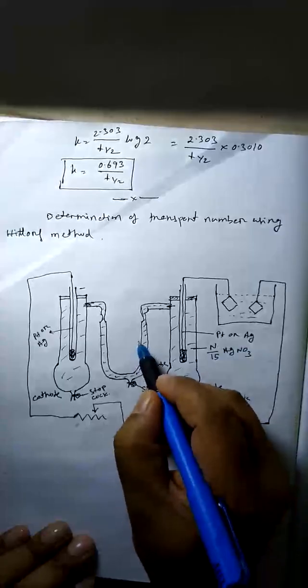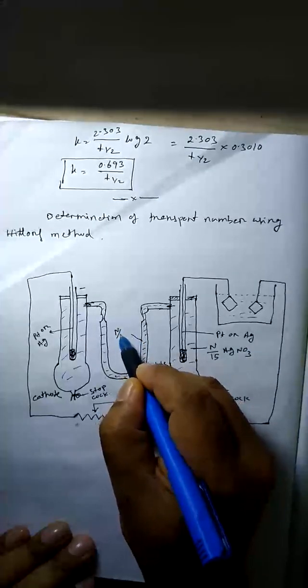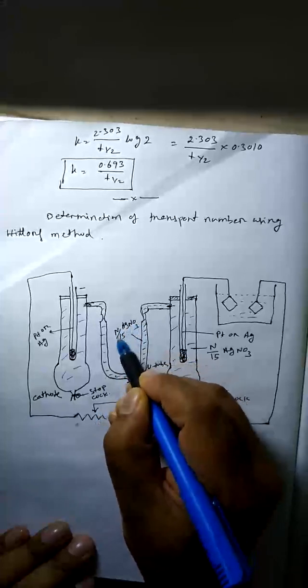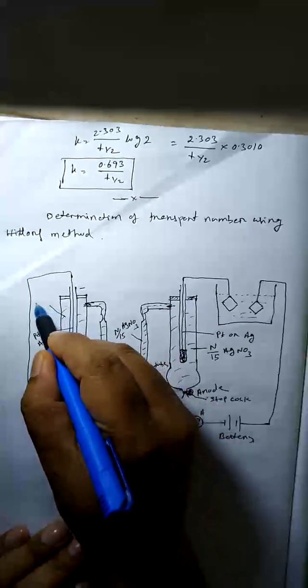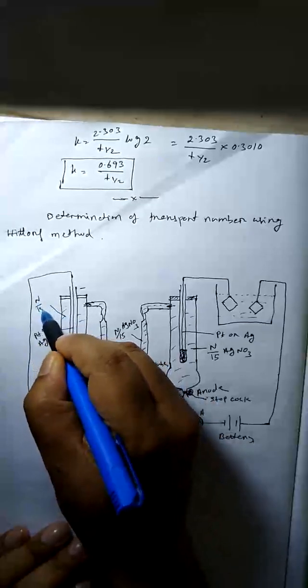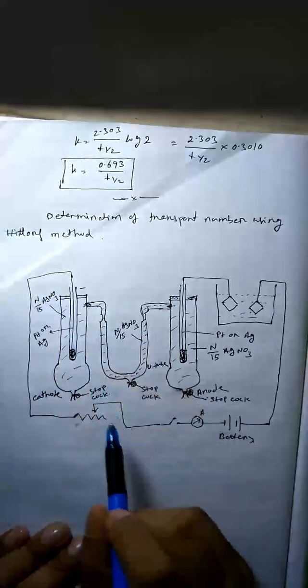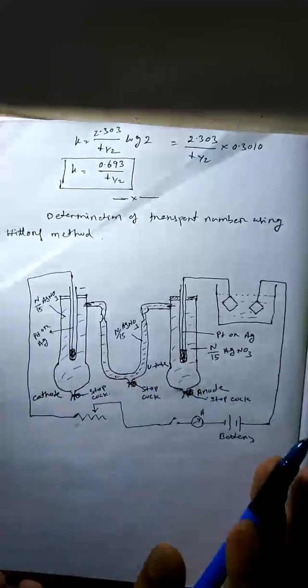This solution also has the same concentration, N/15 silver nitrate. The concentration in the cathode, U tube and anode is the same.